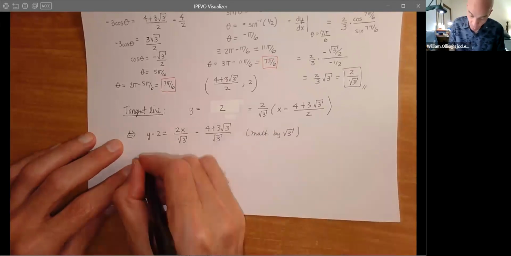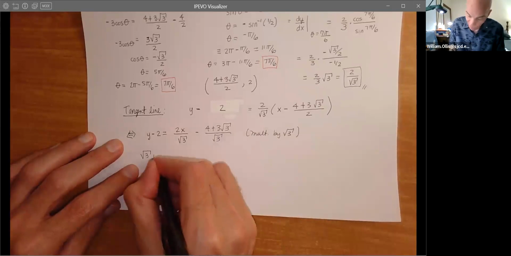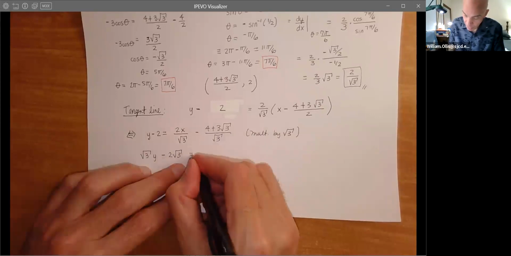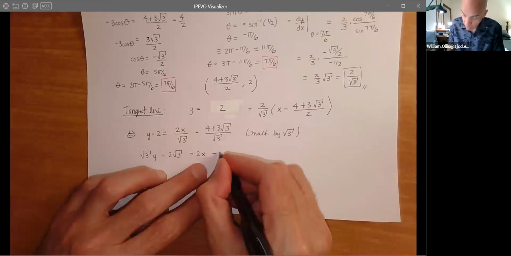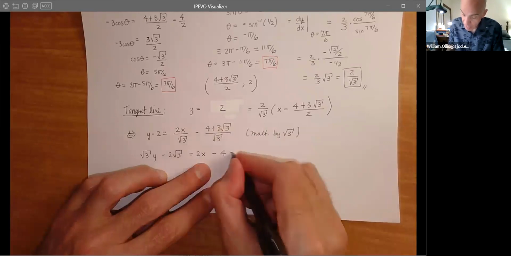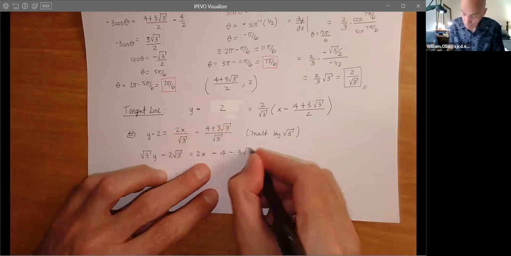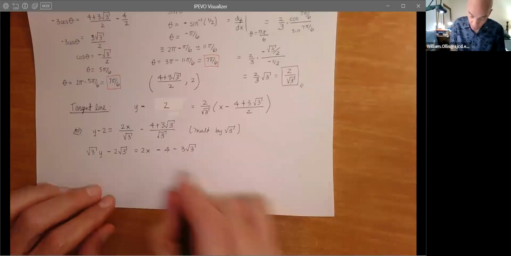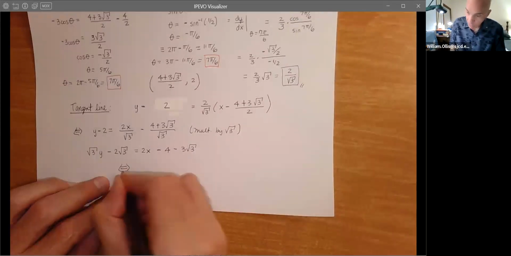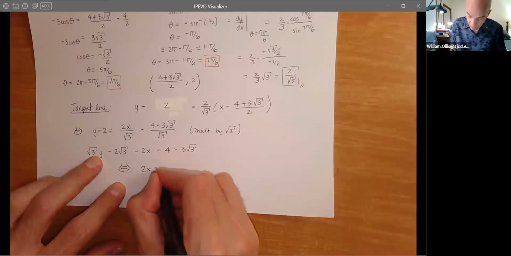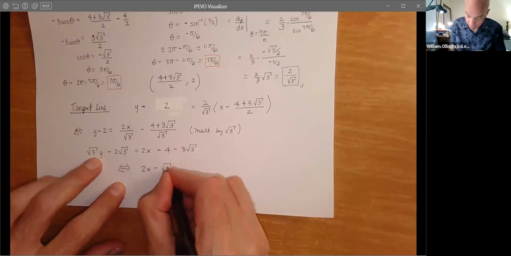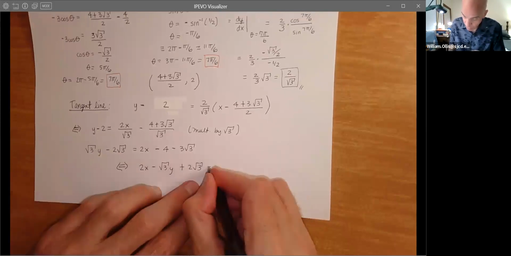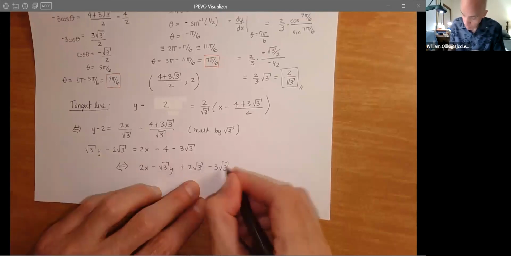So this will give us root 3 y minus 2 root 3 equals 2x minus a 4, and distribute the negative, minus a 3 root 3. Now you can just put everything on one side if you like. So we have 2x minus root 3 y plus 2 root 3 minus 3 root 3 equals 0.